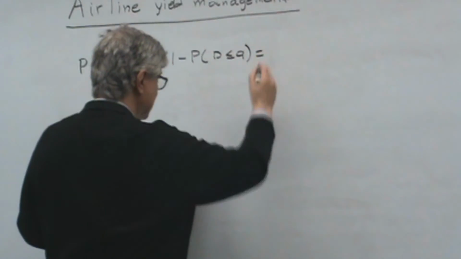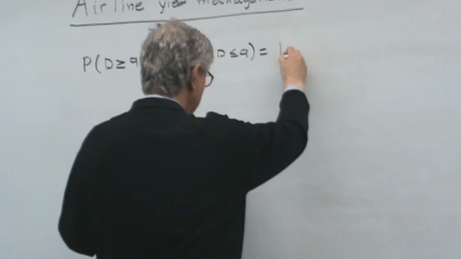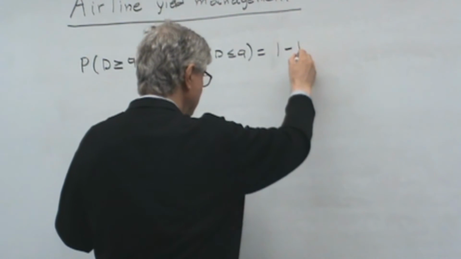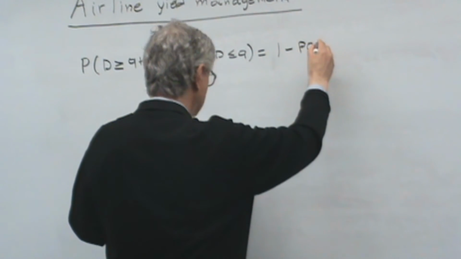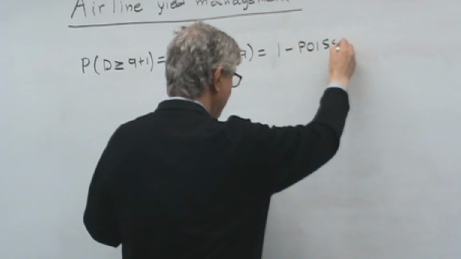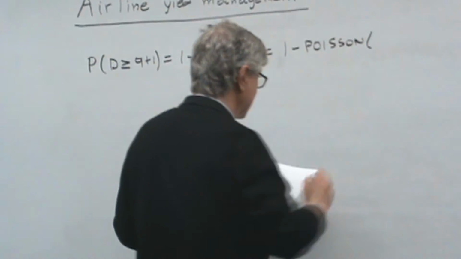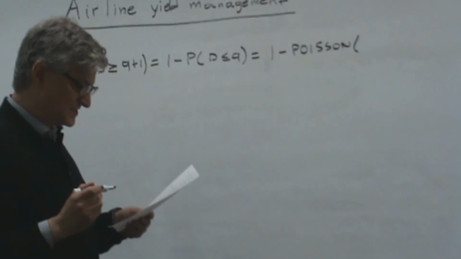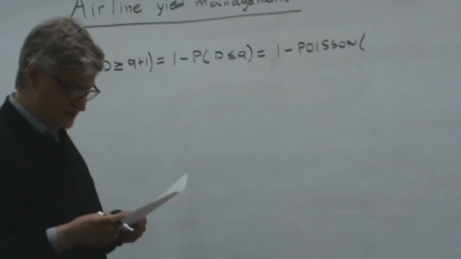And the statement in Excel is 1 minus Poisson, and the statement in Excel takes 3 arguments.